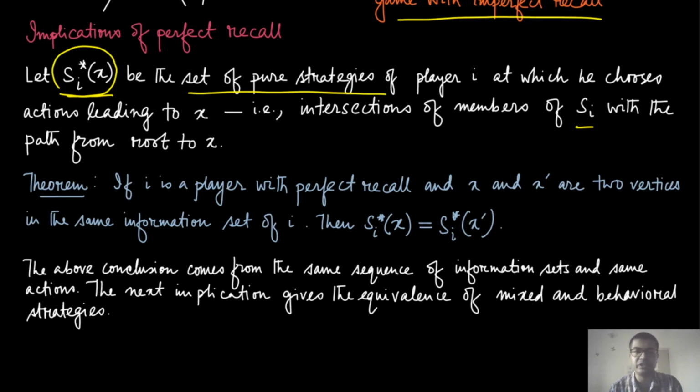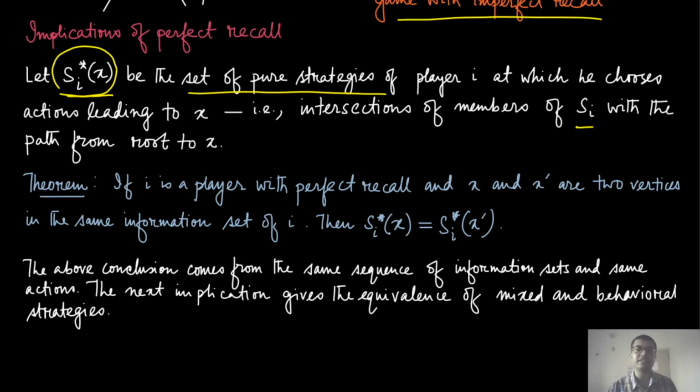Now the first theorem, which shows it is quite obvious once you think about the definition of perfect recall, that if i is a player with a perfect recall, and X and X prime are 2 vertices in the same information set of i, then these sets S_i star of X and S_i star of X prime must be identical. So that is the intersections that you will have because of the implications of perfect recall.